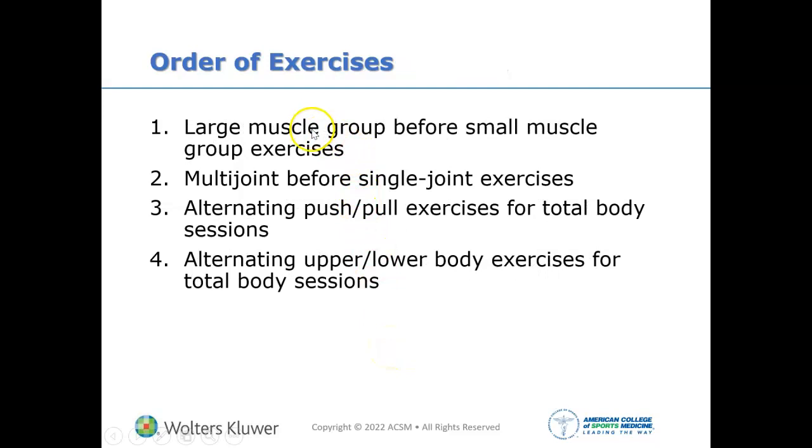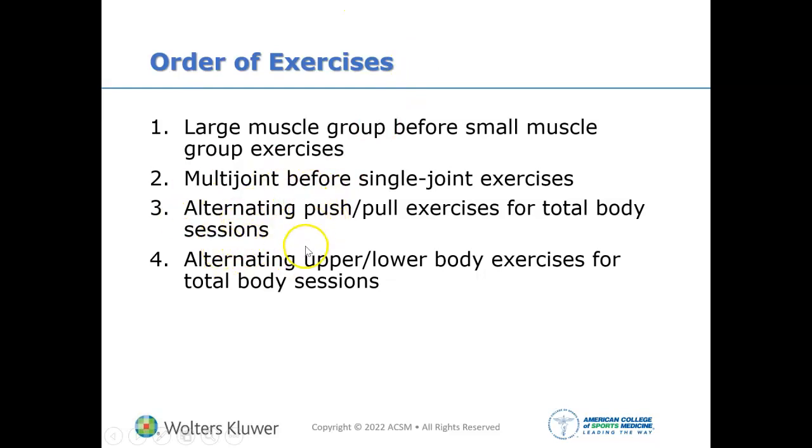Next thing you want to think about when you're ordering exercises is, okay, am I doing a full body routine? If I'm doing a full body routine, I'm going to triage multi-joint first. Then within multi-joint, I'm going to do muscle size or body part size. And then from there, I might look at push-pull.